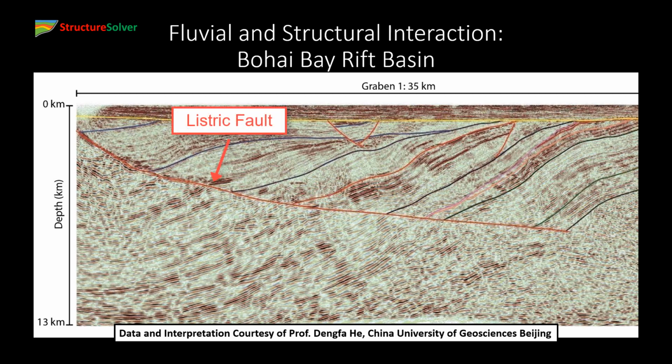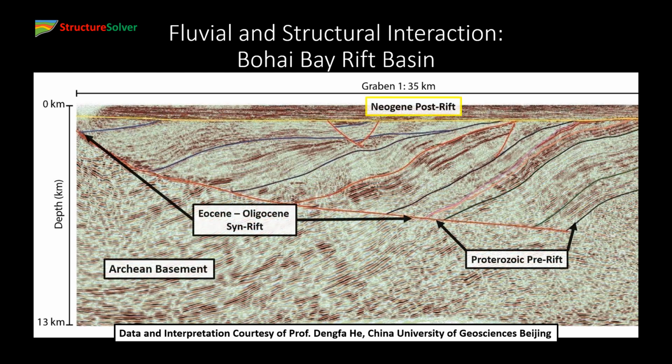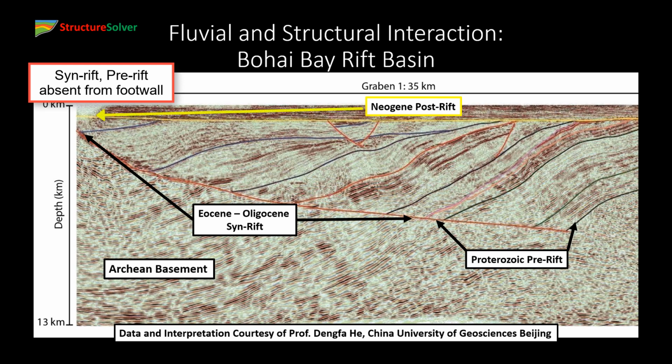The subbasin, shown in the seismic section here, is controlled by a listric fault with a thick Eocene through Oligocene Syn-Rift growth section that unconformably overlies a Proterozoic pre-rift section. Note that the footwall for the structure has been entirely eroded, leaving only the Neogene post-rift section immediately over Archean basement.